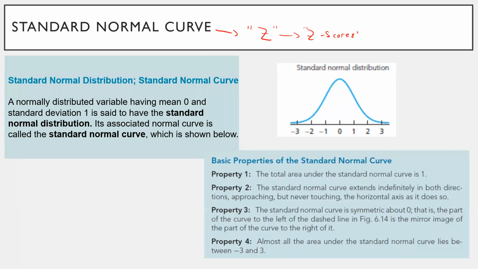All right, so the standard normal curve. What is it? In mathematics, what are the two easiest numbers you think to work with? Yeah, exactly. 0 and 1, the two easiest numbers. So the standard normal distribution is a normally distributed variable having mean... So let me write this over here because it's incredibly important.